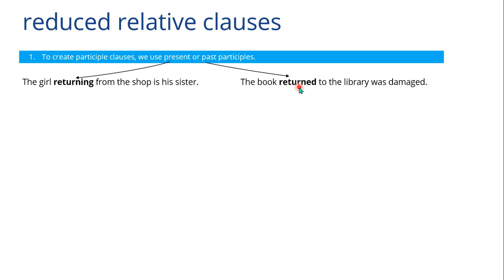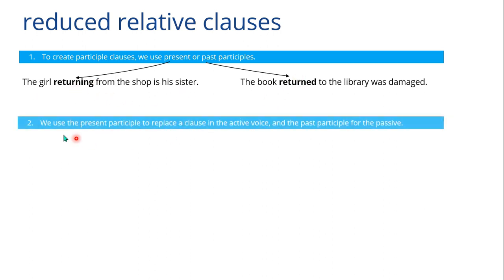This is present participle, it is active, and this is passive. We use the present participle to replace a clause in active voice and the past participle for the passive voice.